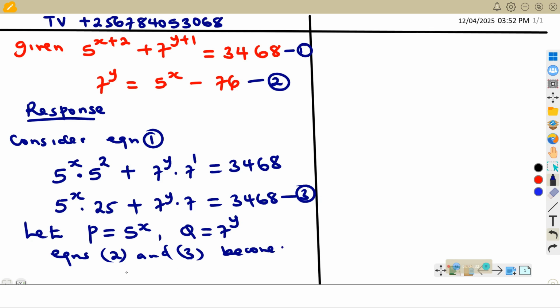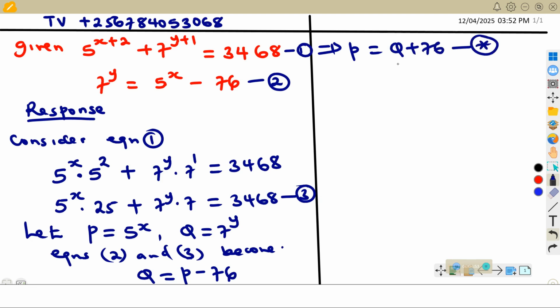Equation 2 will become: 7 to the power y, which is q, is equal to 5 to the power x, that is p, minus 76. Likewise, this implies that p is the same as q plus 76. We can call this equation star.